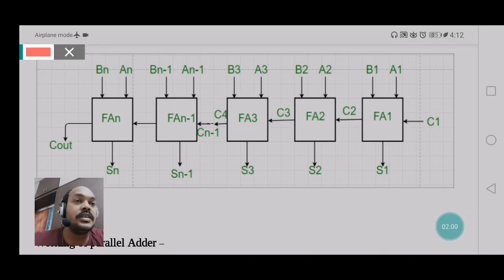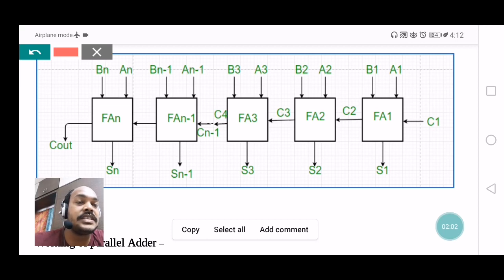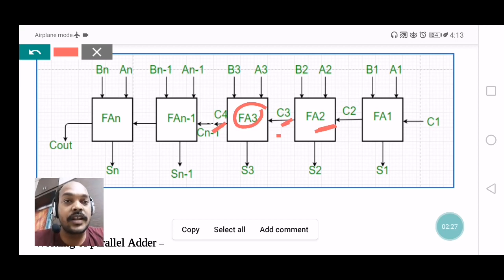In full adder 1, the output C2 is connected to the input of full adder 2. Similarly, the output C3 is connected to the input of full adder 3, and the output C4 of full adder 3 is connected to the input of the next full adder, up to FA n minus 1.